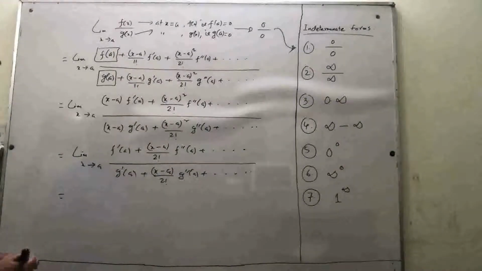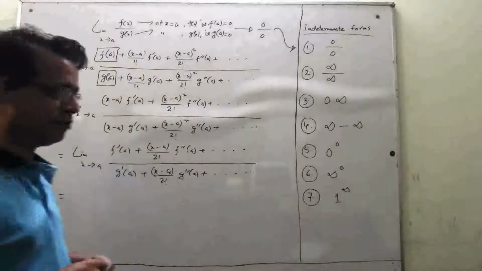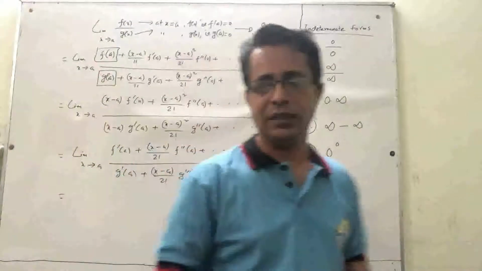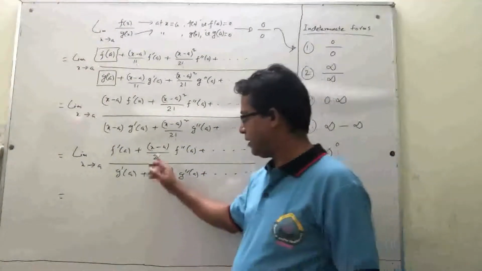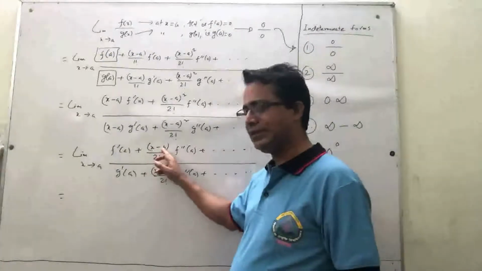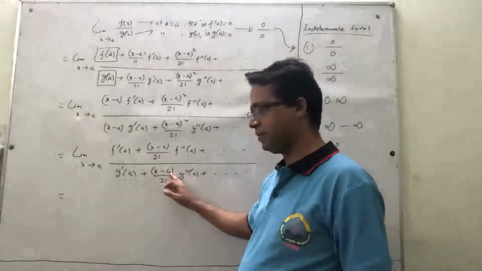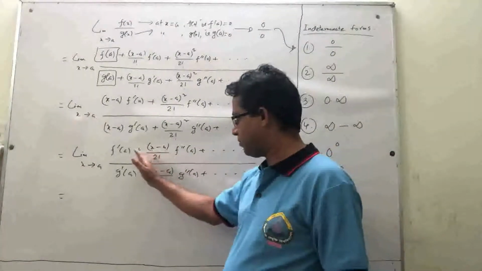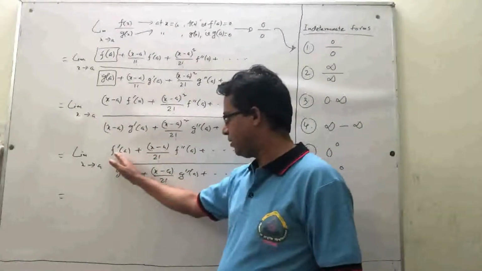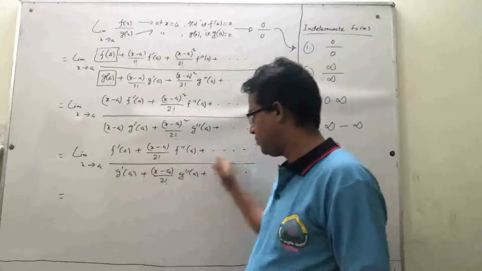Now, if we put x equal to a in this expression, then we see that a minus a is 0, and all terms except f derivative a in the numerator are 0.